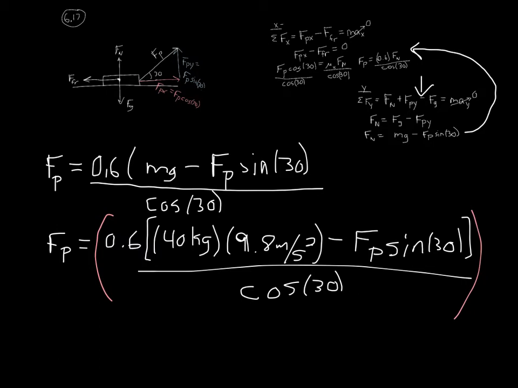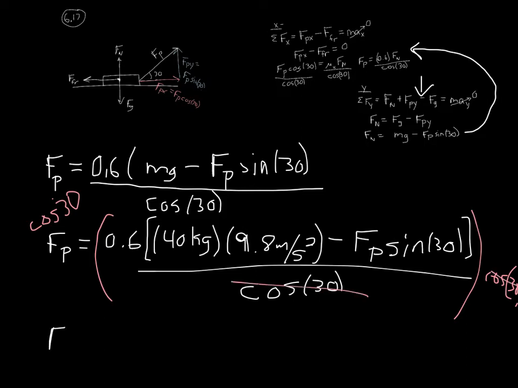The first thing I like to do when I'm doing algebra is get rid of fractions. Fractions, very easy to make mistakes. So to get rid of this fraction, I will multiply both sides by cosine of 30. This is by no means the only way to do this. That gets rid of the cosine 30 on the right-hand side and moves it over to the left.